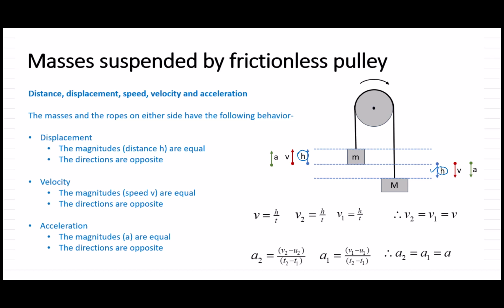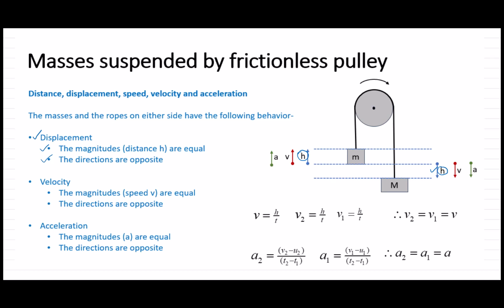Therefore, with respect to displacement, the magnitudes of the displacement on both sides, which is nothing but the distance h, are equal. However, as we understand from the picture, the directions will be opposite to each other.